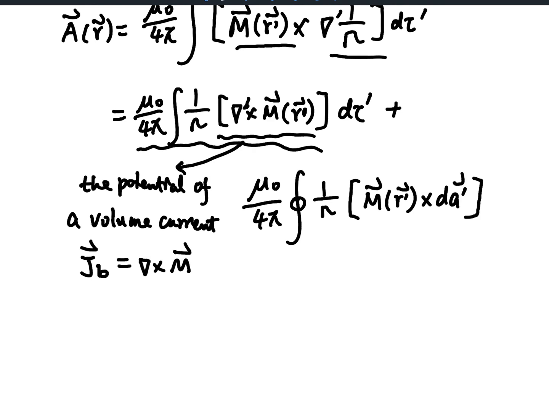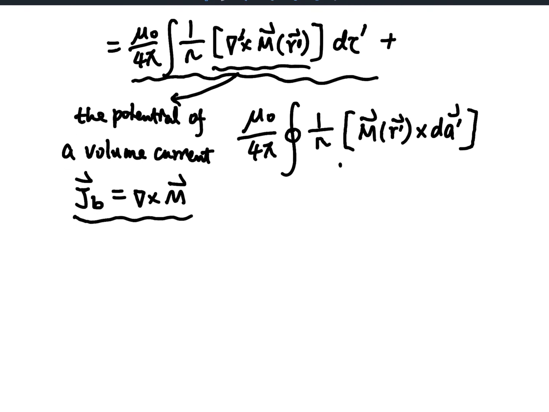So this formula is really the potential of a volume current that looks like this.